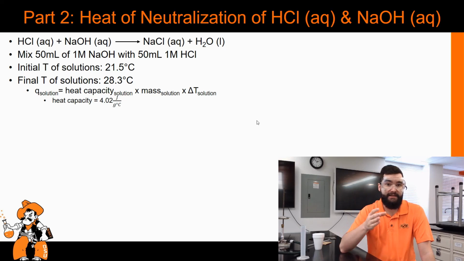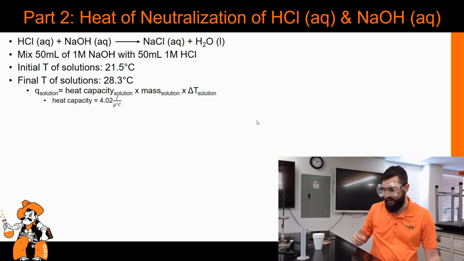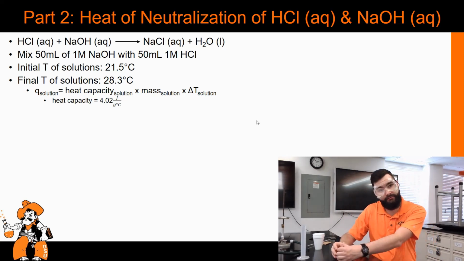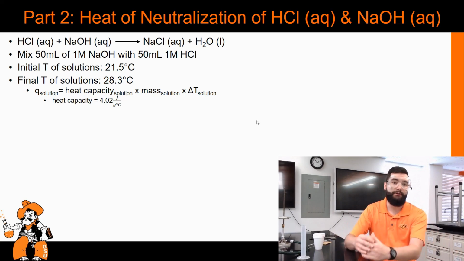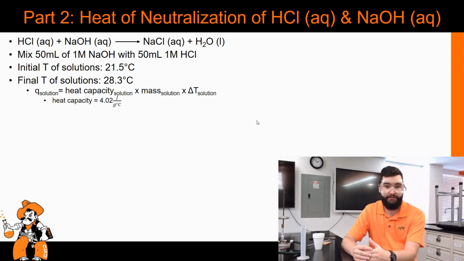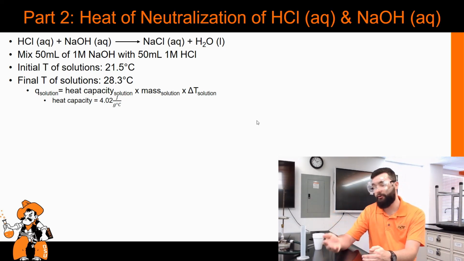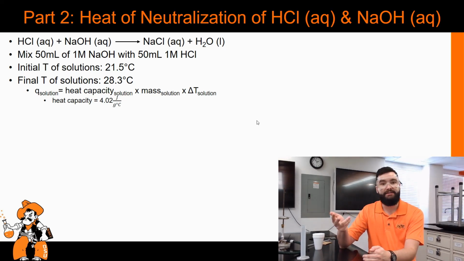I multiply it by the mass of my solution, which we measured 50 mils of acid and 50 mils of sodium hydroxide. So we have a total solution volume of 100 milliliters, and we can assume that the density is still the same as water, 1 gram per milliliter. So we have a total mass of the solution of 100 grams. Lastly, our delta T of the solution is final minus initial, which we can calculate pretty easily.